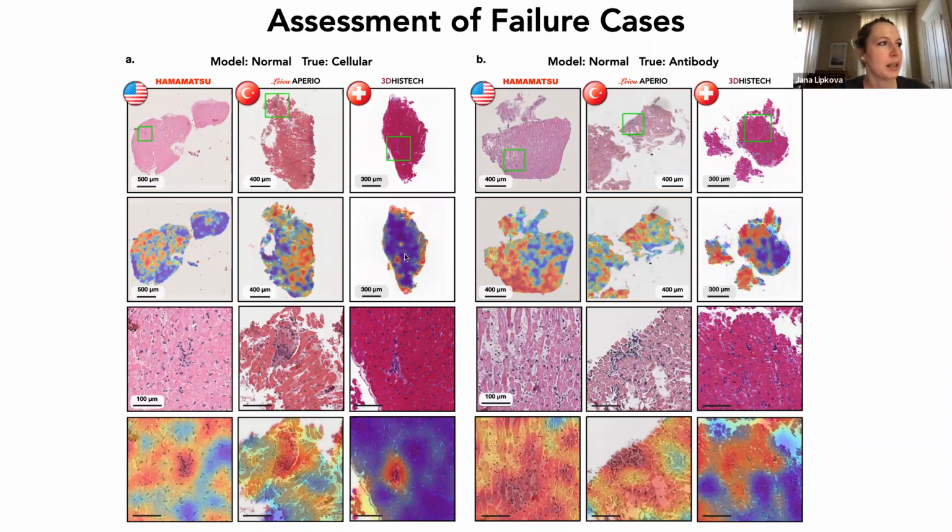Still the model is placing high attention to the region that has morphology specific for the rejection. It just means that the features were not sufficient to predict the rejection correctly, but these regions have higher attention. Okay, a bit convoluted. I hope that makes sense.